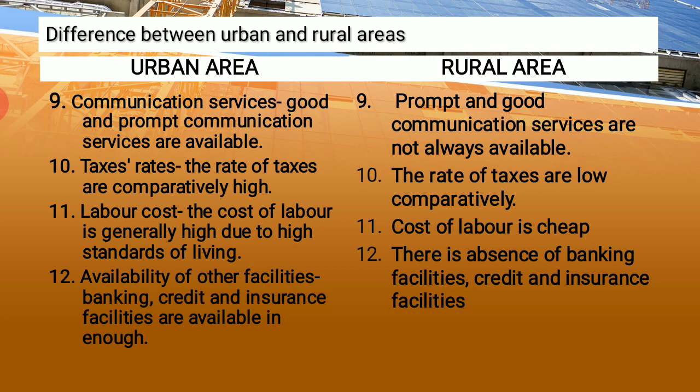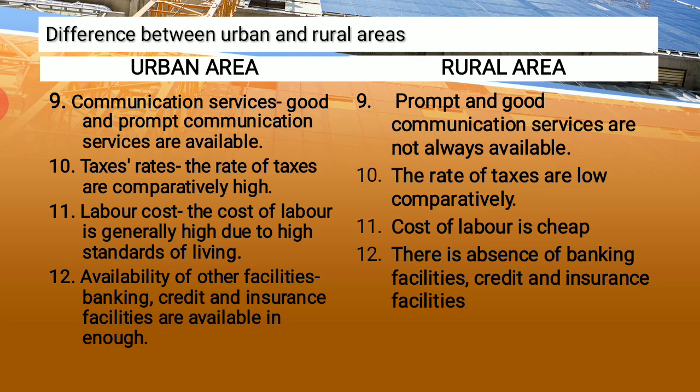So much of the labor is available and their cost comes up quite cheap. When it comes to the availability of other facilities, naturally banking, credit, and insurance facilities are available in enough quantity in the urban area, and there is an absence of bank facilities, credit facilities, and insurance facilities in the rural area.